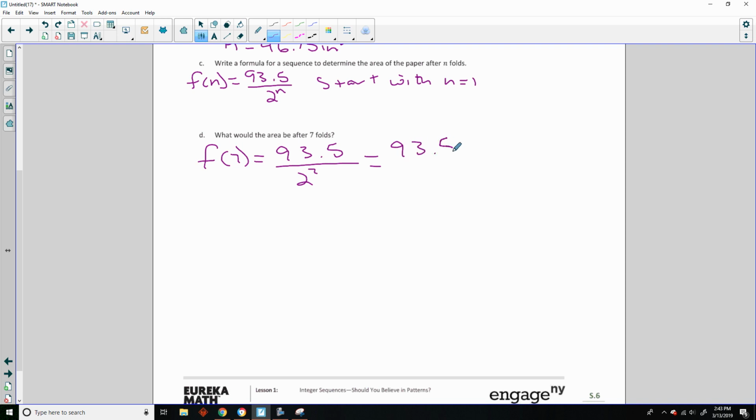So it'd be 93.5 divided by 128. Hey Siri, what's 93.5 divided by 128? 93.5 divided by 128 is about 0.7304. And she did say about. It's an approximation. So the area would be about 3/4 of an inch, not quite.